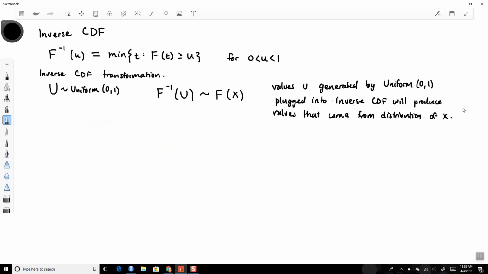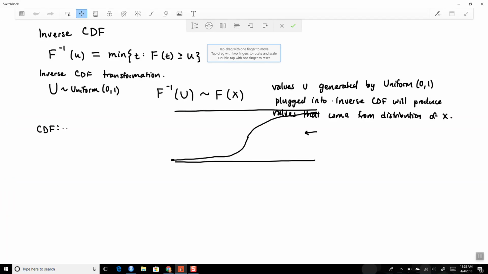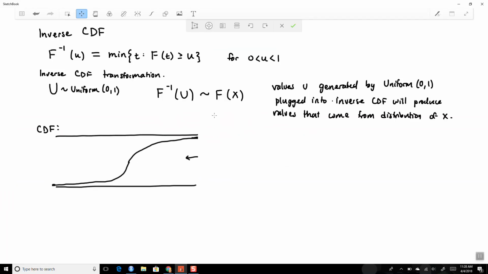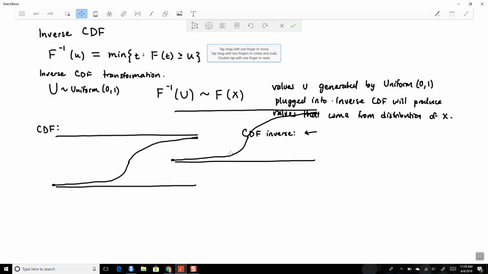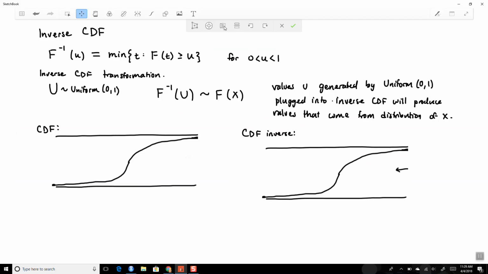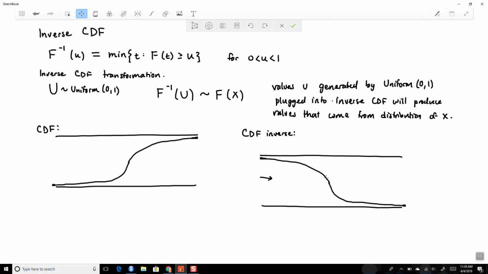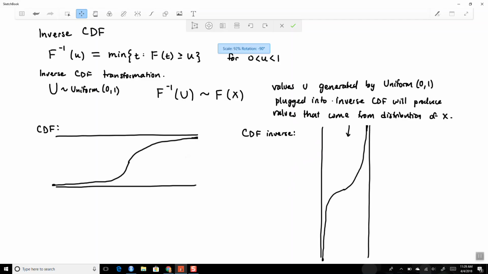Okay, so if I have the CDF function, so let this be the CDF. Then the inverse CDF, we take this and then I flip this and I have to rotate this, right?